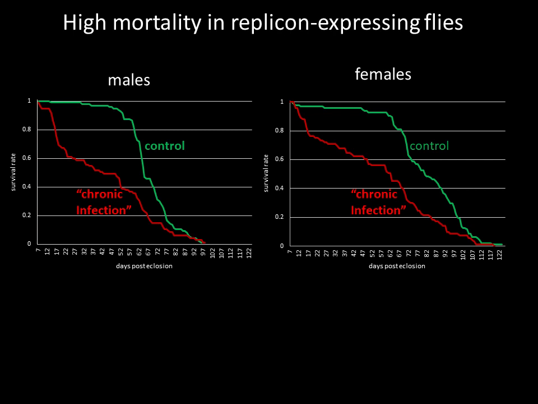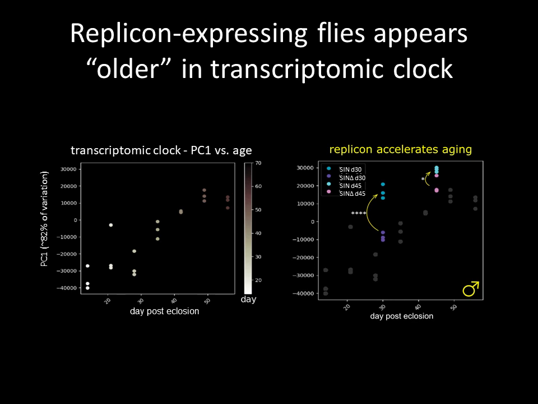But is it, again, a glass problem, or is it real aging? To test that, we made transcriptomic clocks by collecting wild-type flies at different ages and building transcriptomic profiles. We put our samples here, and we see that, so this is control, and this is chronically infected, they are indeed older by their transcriptomic profiles.